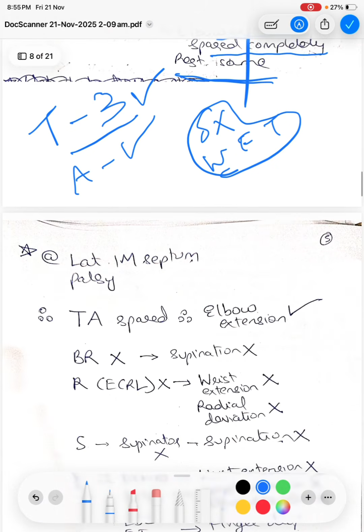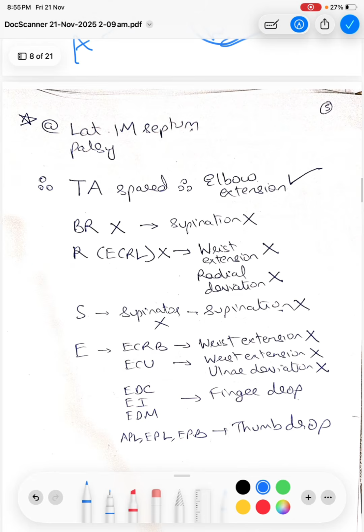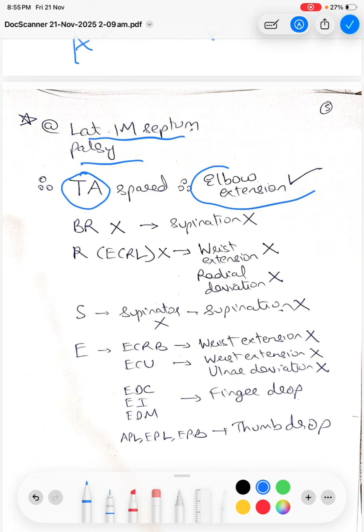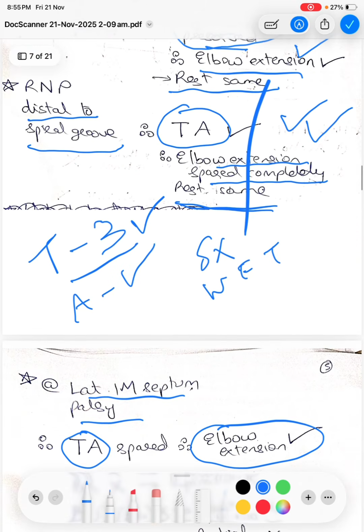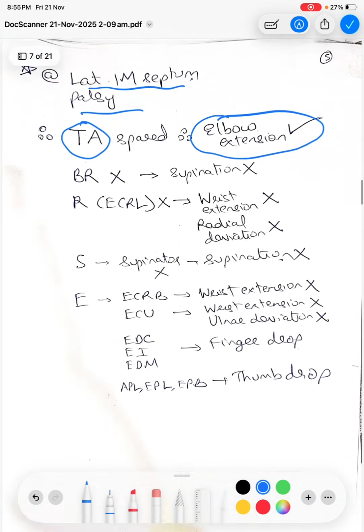Okay. Now going distally, if the radial nerve palsy is at the lateral intermuscular septum, what is preserved? TA is spared, so elbow extension is spared, similar to what it is distal to the spiral groove.